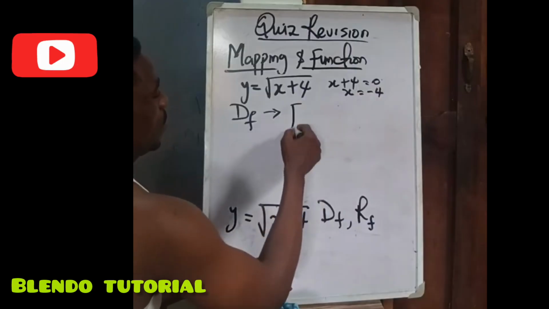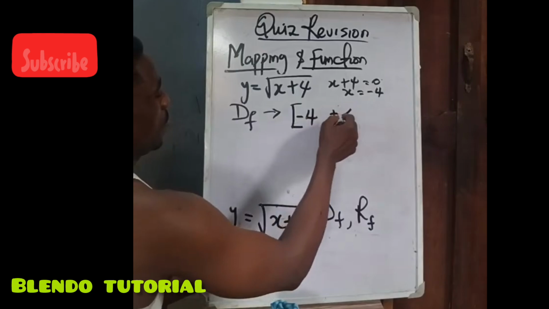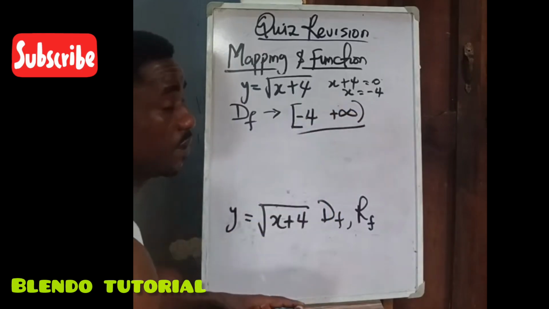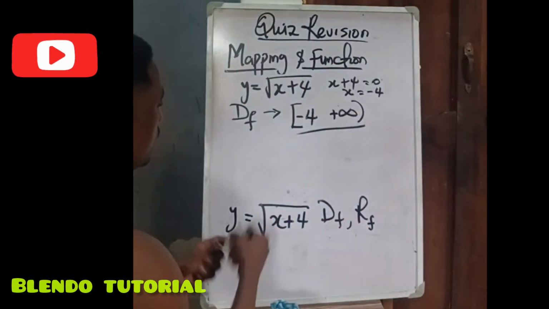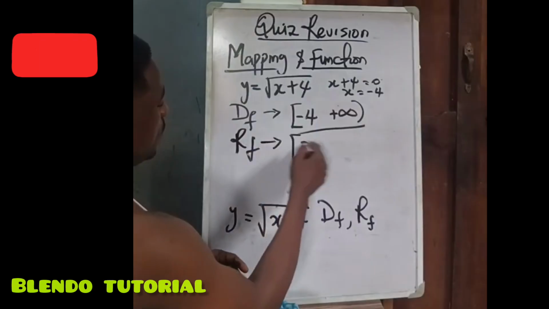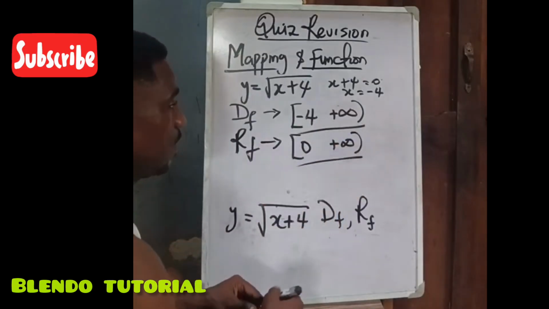So we close here at minus 4, to positive infinity. So that is how we solve this. The range, as usual, is from 0 to positive infinity.